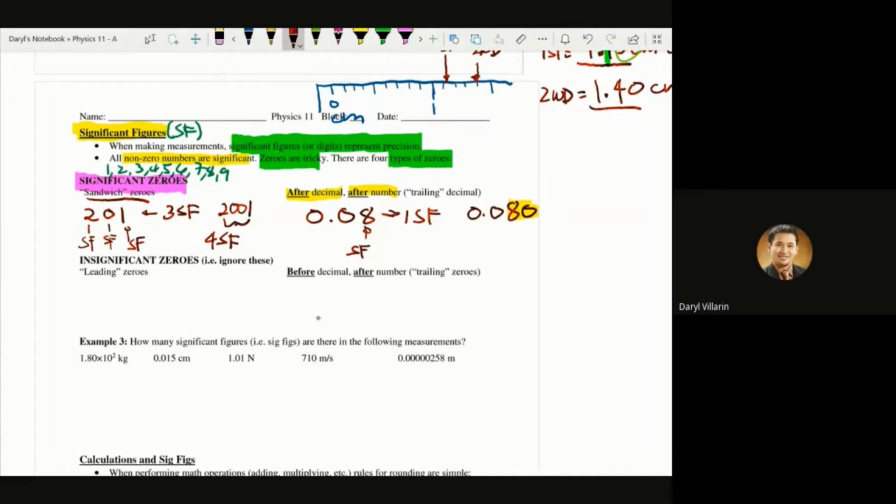So in this particular case, you have two significant figures. Again, the zeros in front are insignificant, but the zero after a non-zero number is significant.